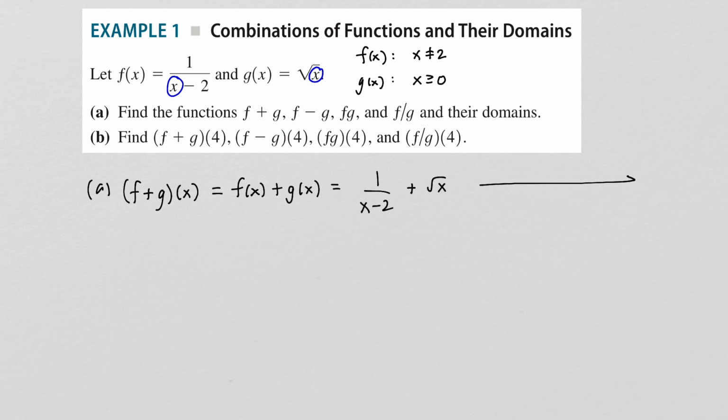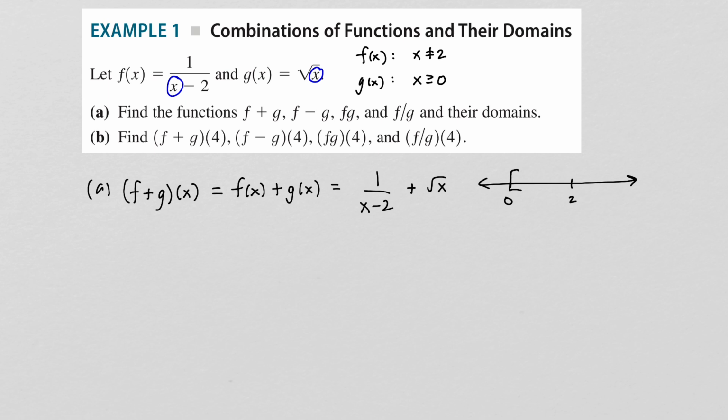So if I look at that domain on a number line, here's 0. We know that x is going to be greater than or equal to 0, so that's all of these values over here. But at x equals 2, we cannot plug in that number, so we have to exclude that number.